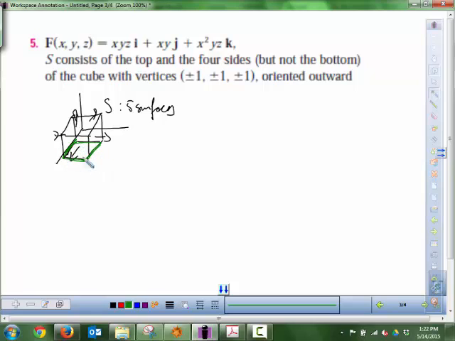Which is that boundary. So the boundary orientation would be going this way. The boundary of S will consist of 4 lines.